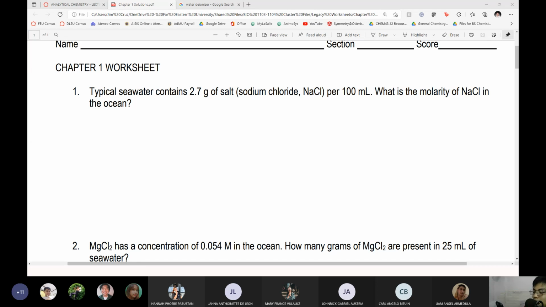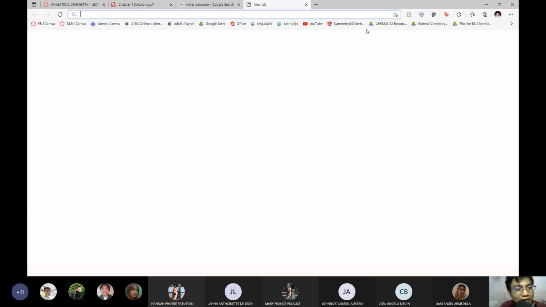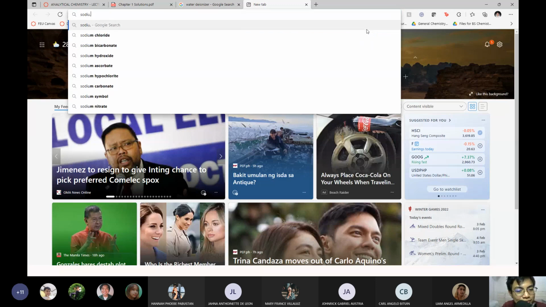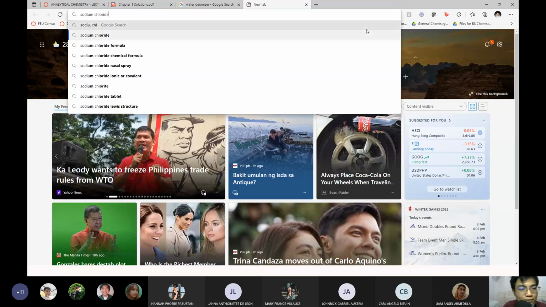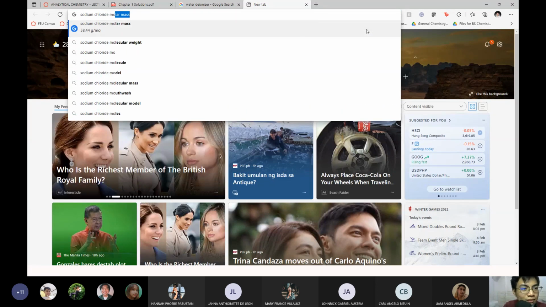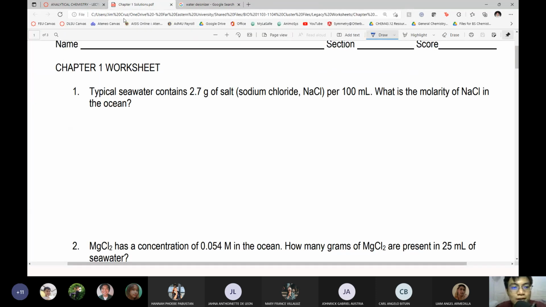Okay, so it's 57. So, tignan natin ang sagot. Yun, mag-ingat tayo sa volume. Susulat ko pa. Okay. Yung molar mass ng sodium chloride, i-google nyo na lang. Sodium chloride molar mass: 58.44.